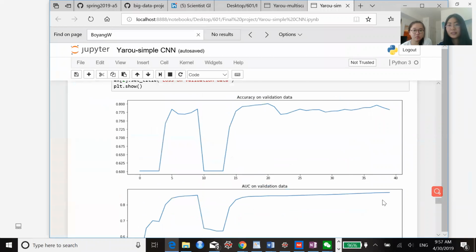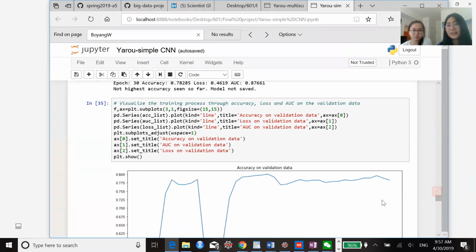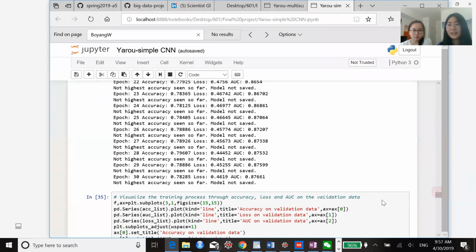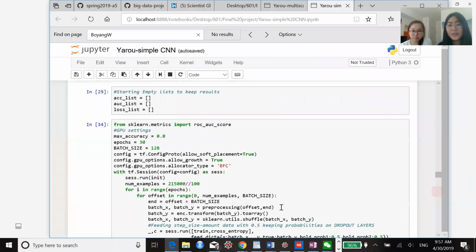So here is our simple CNN result, and we only use about 1% of the training samples because the full set is too big, and we need to find out whether this model will work or not.